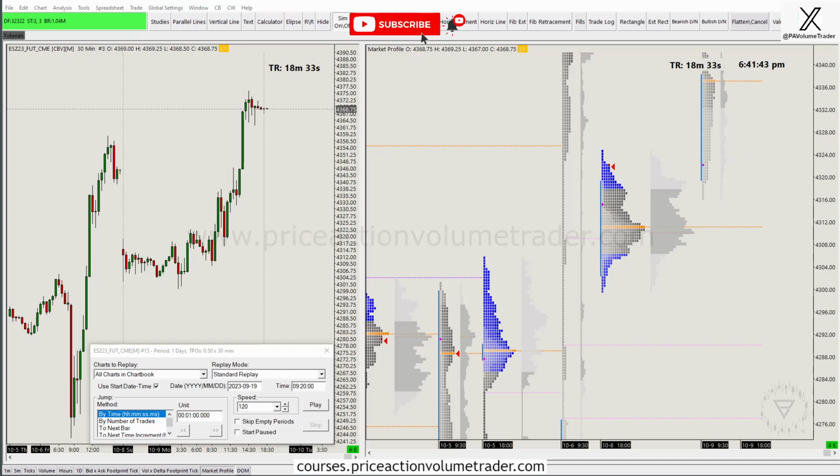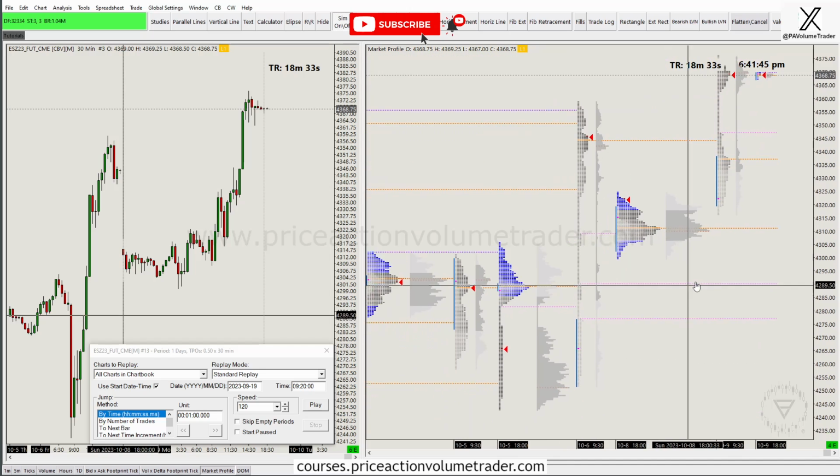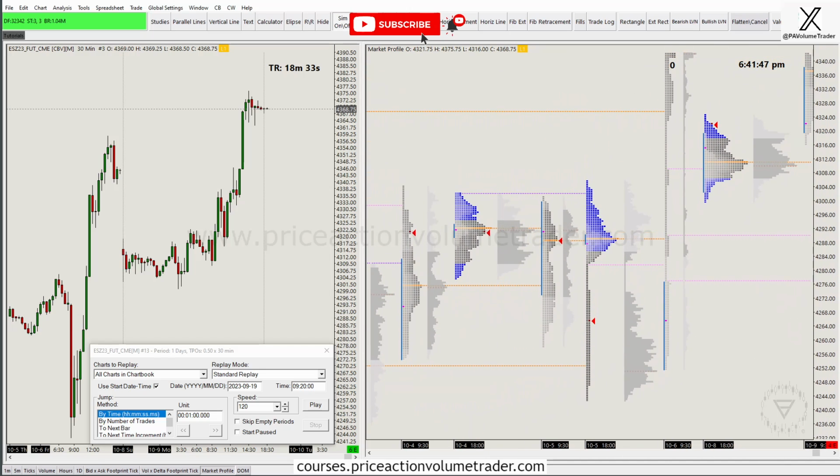You can see that some profiles have the area outside of value in blue, and other ones have it in gray. The ones in gray are regular trading hours, so this is from 9:30 a.m. till 4 p.m. Eastern time.